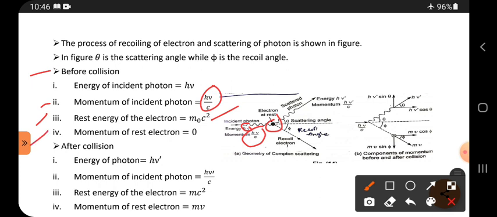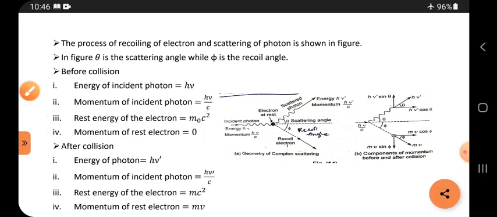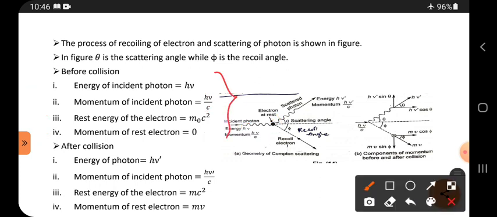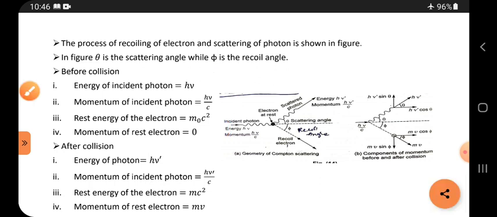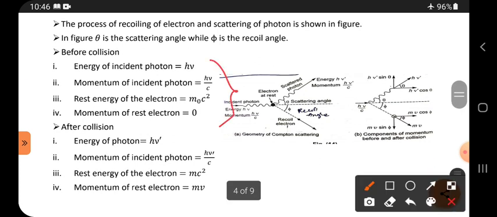Its velocity is 0, so the momentum of the rest electron is 0. These four points are important to derive the complete equation. You must remember and keep them in mind. The above four points belong to before collision, and the remaining four points belong to after collision.